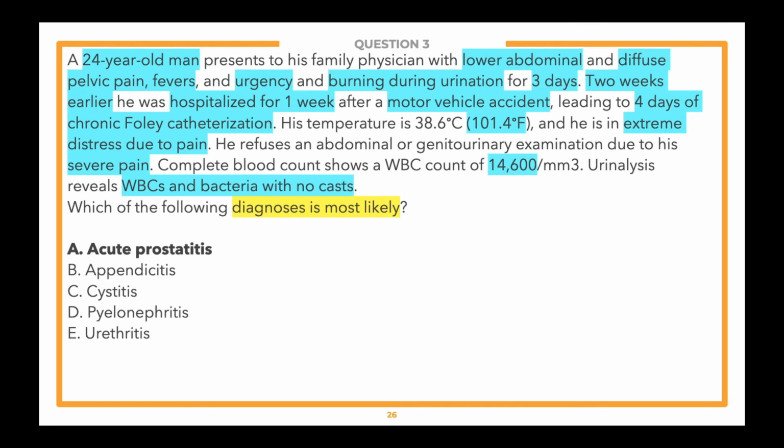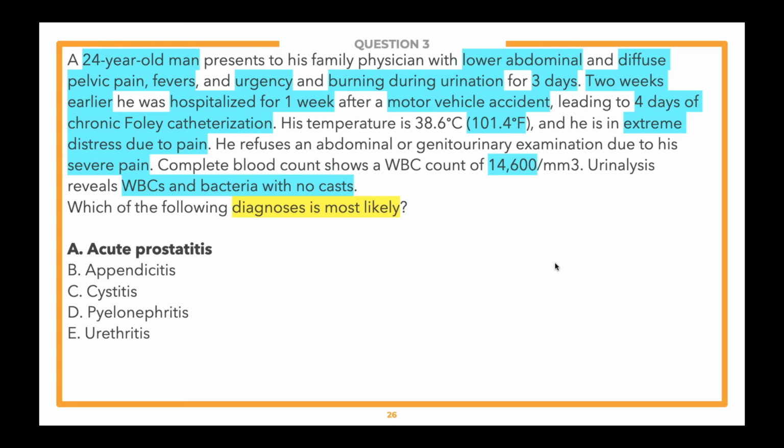Thank you, Sean. Yes, definitely another tough question. So what's going on here in this question? What are those important clues? Well, we know that this patient has an elevated white blood cell count and a fever. They also have white blood cells and bacteria in the urine. However, this patient also has really bad abdominal pain and pelvic pain, so that makes it unlikely that it would be plain cystitis.